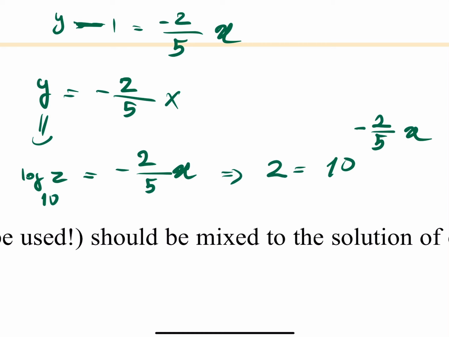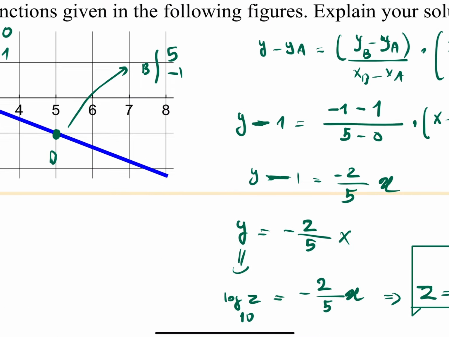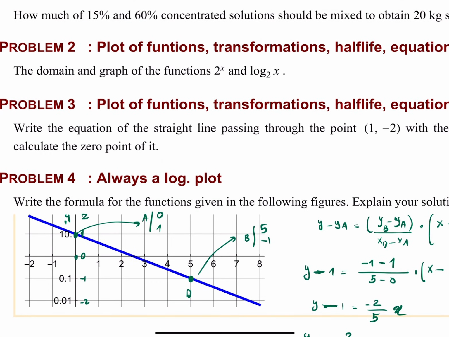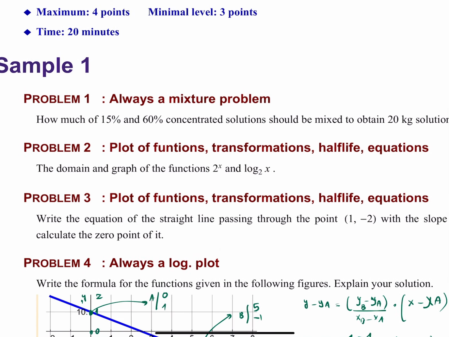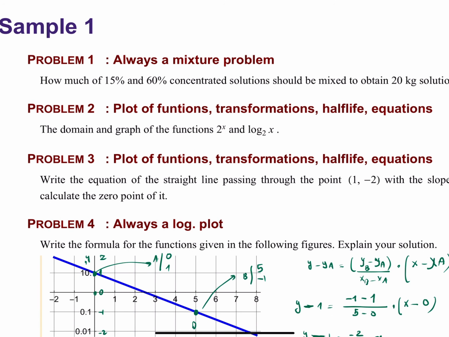It is our equation for this graph. Okay, this is the first part of the solution, about 4 equations from the sample of this test, and it will be very important for the first part.